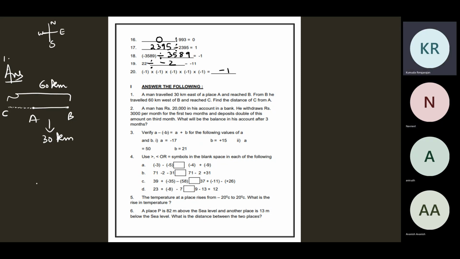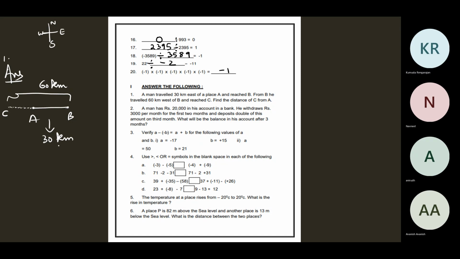Let me hear from one of you. What are the statements you have written? Distance covered by the man to east, A to B is equal to 30. Distance covered by the man to west, BC is equal to minus 60.